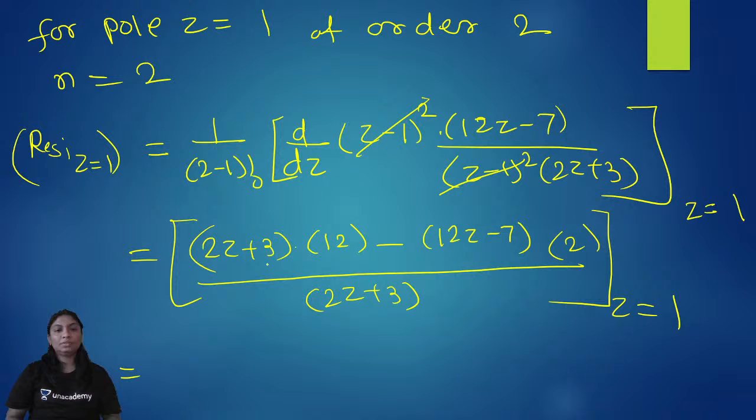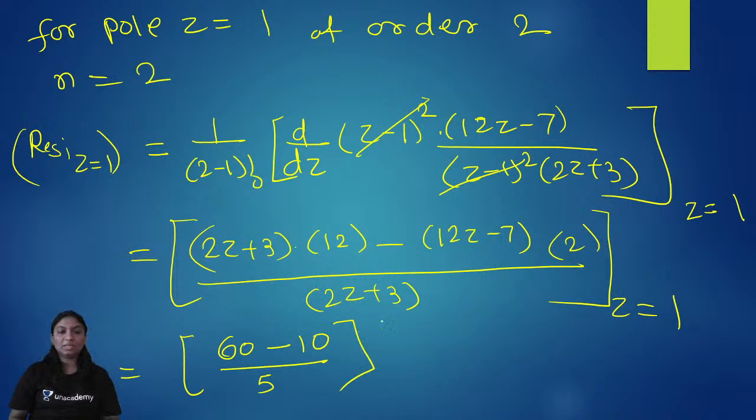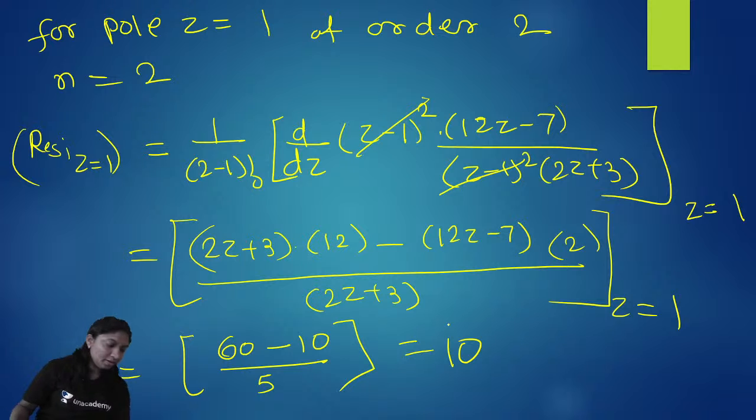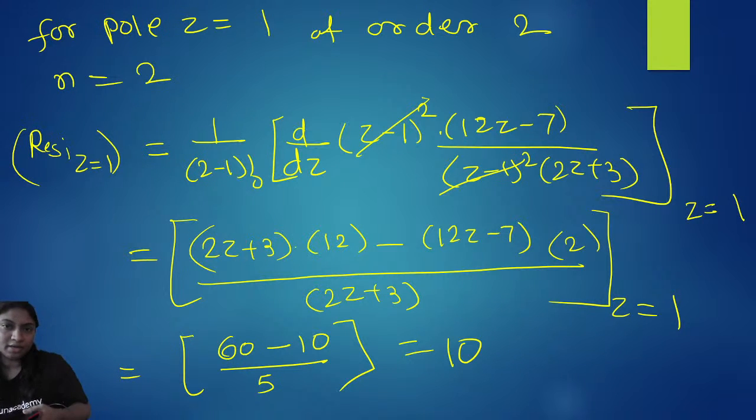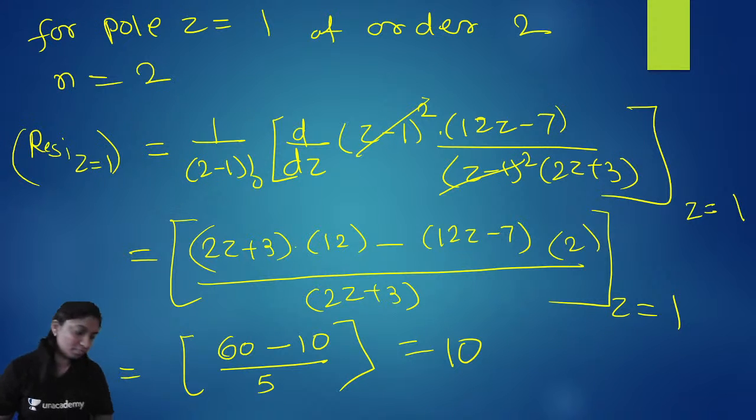So put z is equal to 1 here. 2 plus 3 is 5, 5 into 12 is 60, minus (12 minus 7) which is 5, 5 into 2 is 10, upon (2 plus 3) whole square, which is 25. So 60 minus 10 is 50, and 50 by 25 is 2. We use the quotient rule, V du minus U dV upon V square.